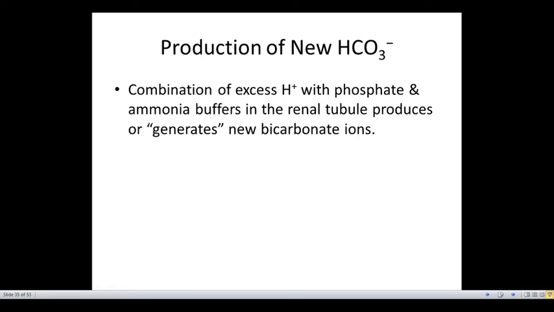The combination of excess hydrogen ions with phosphate and ammonia buffers in the renal tubule generates the new bicarbonate ions, as we shall study a little while later.